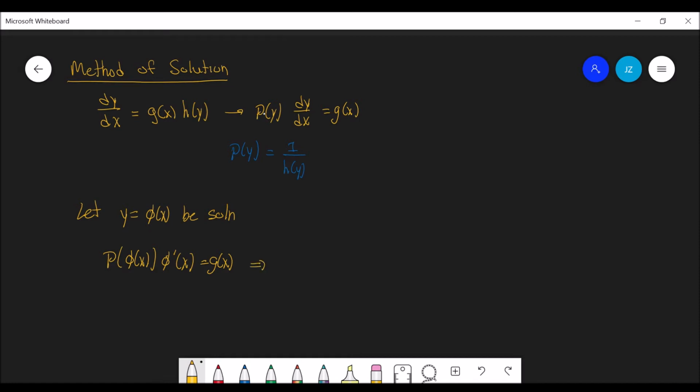So, the integral of p of phi of x times phi prime of x dx would have to be the integral of g of x dx.